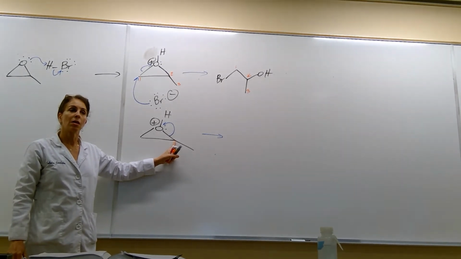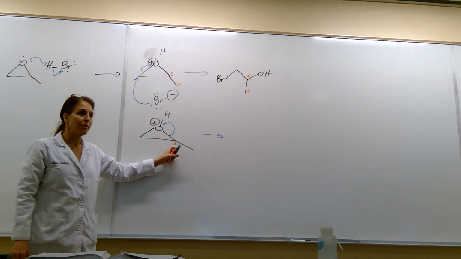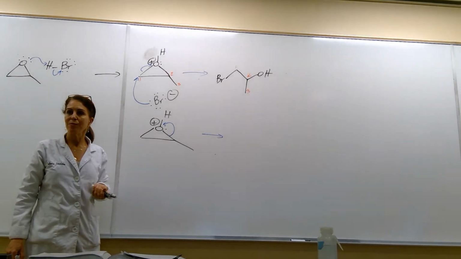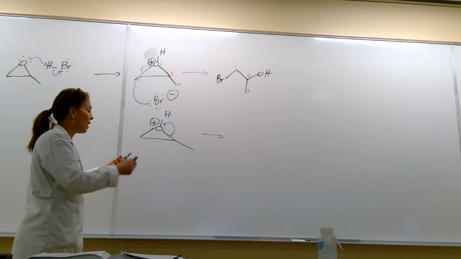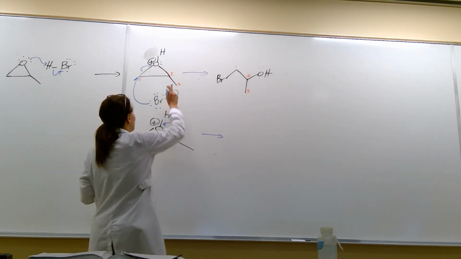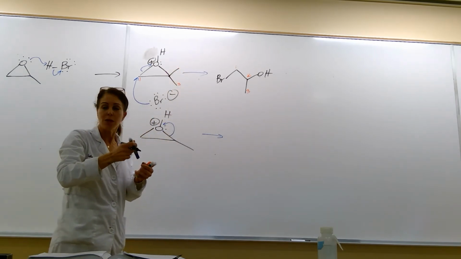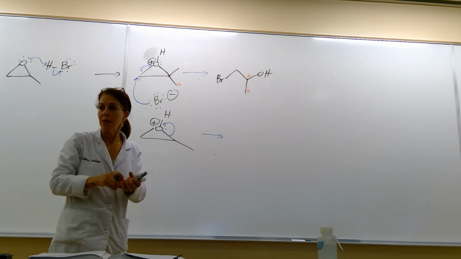Tertiary? Secondary. So still secondary, better than primary, but is it really stable? No. So maybe what I should do is to make it interesting at the first step, and then we'll come back. Okay, I'm not trying to skip this, okay?